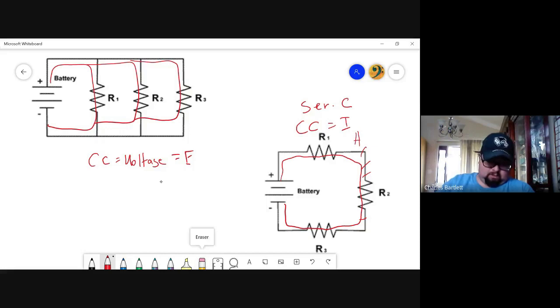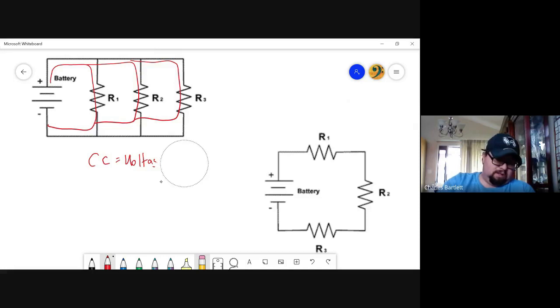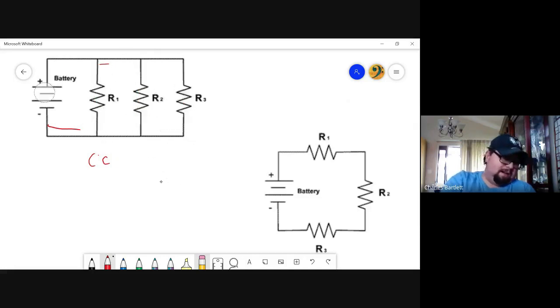That actually works to your advantage, because when you look at the types of questions in the quizzes and tests, when you get a series circuit, they always ask you to find IT.